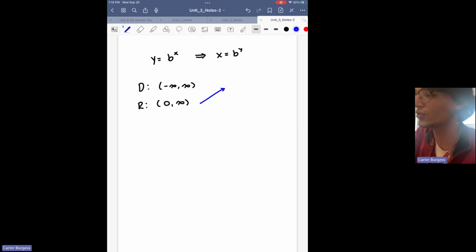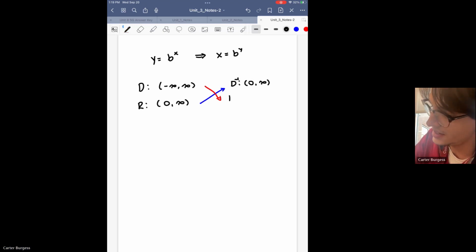And so what was the range of my original function is now going to become the domain of my new function. So the domain of my inverse function here is going to be from 0 to infinity. And then what is the range of my new function going to be? Negative infinity to infinity. It's just going to be all real numbers.